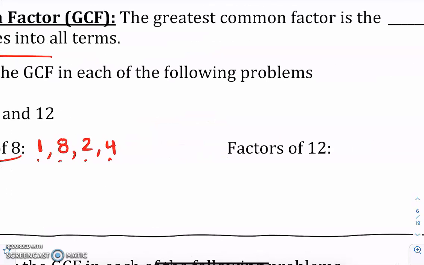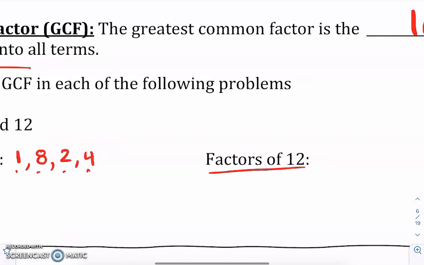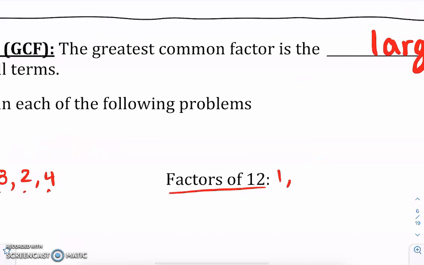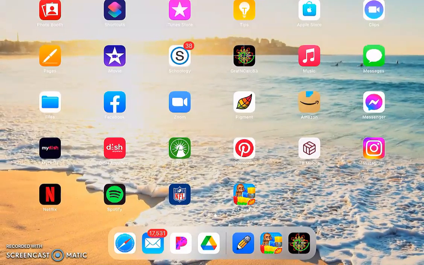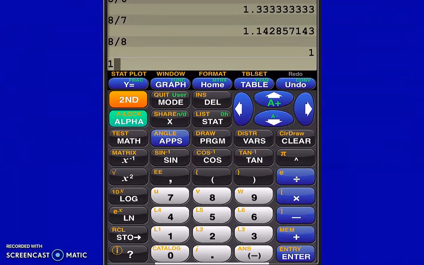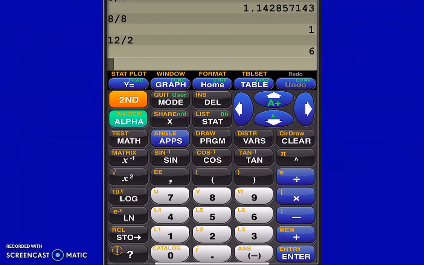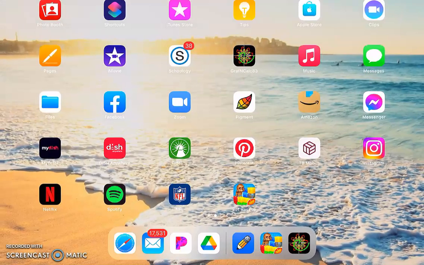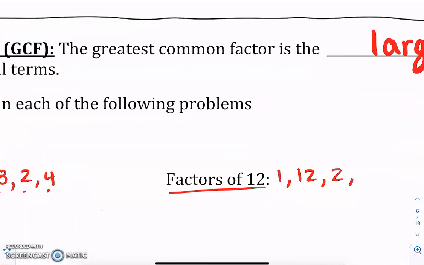So how about the factors of 12? We know that it's 1 and 12, but what else is 12 divisible by? How about 2? 12 divided by 2. That works. 2 and 6. So we've got those factors.